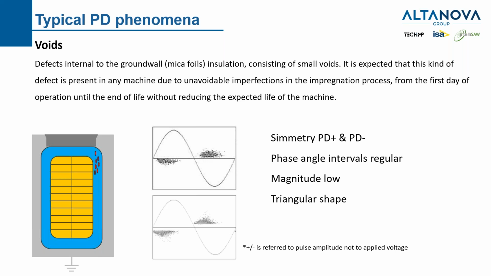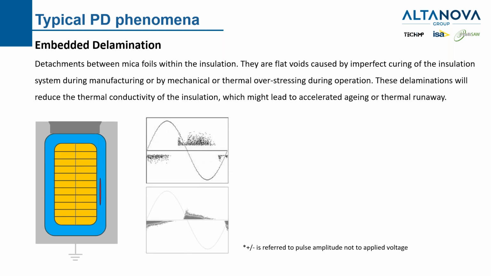Going on to the typical partial discharge phenomena, we have also embedded delamination, which we can say is a second stage from the microvoid. So we have the delamination that is inside the insulation, not on the boundary sides with the metallic part, but in the middle of the insulation. Such phenomena always give us a phase resolved PD pattern that is very symmetric. We have large phase angle intervals.